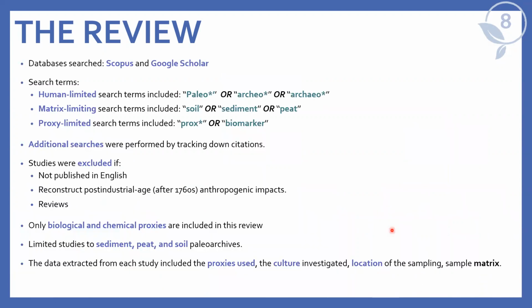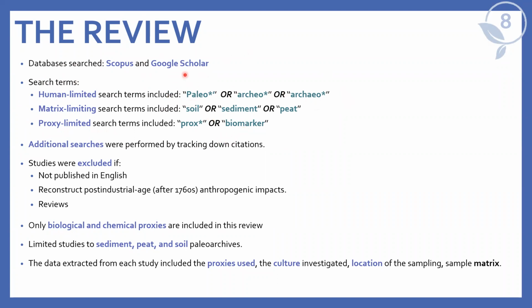So how did I do this review? I tried to lean on systematic reviews used in epidemiology and other biomedical sciences, but it was fairly difficult here, and that's something that we're going to work on and discuss. I searched through multiple databases, including Scopus and Google Scholar. This was how I built the Boolean search term that you type into the search bar.